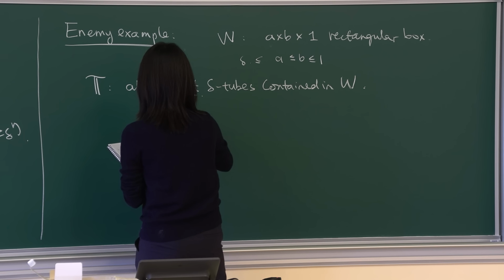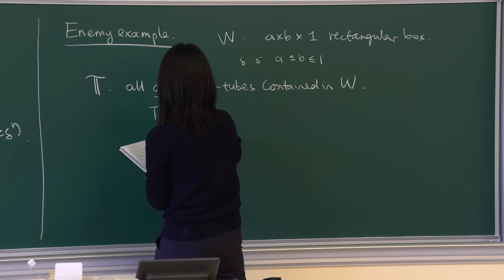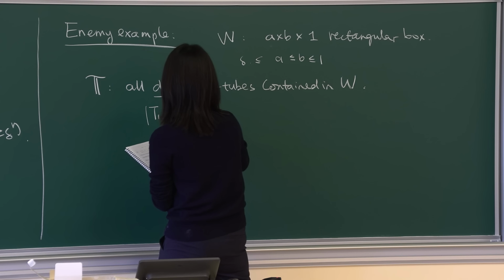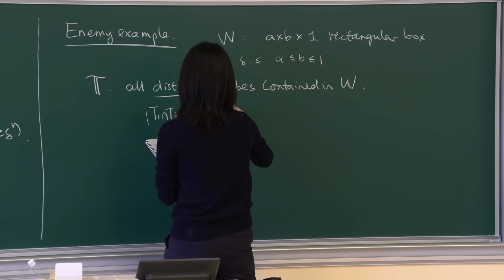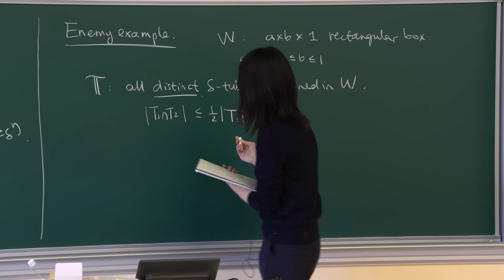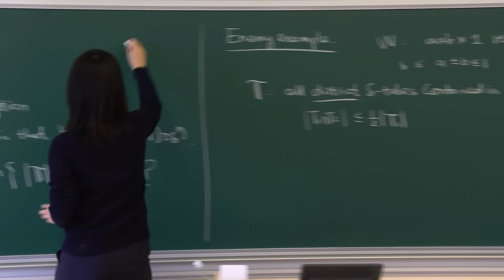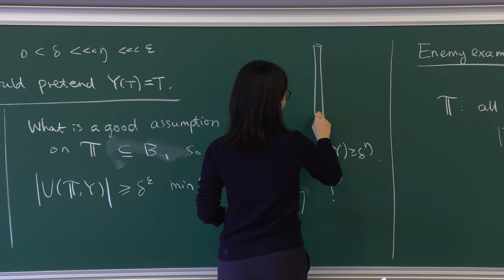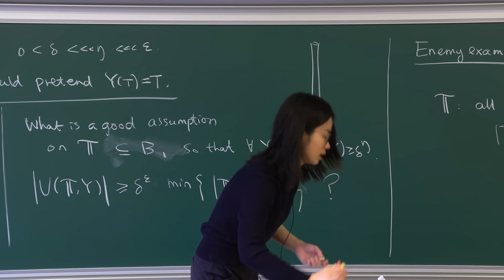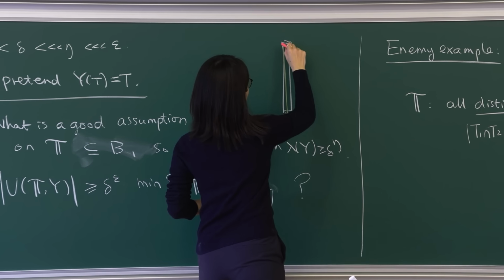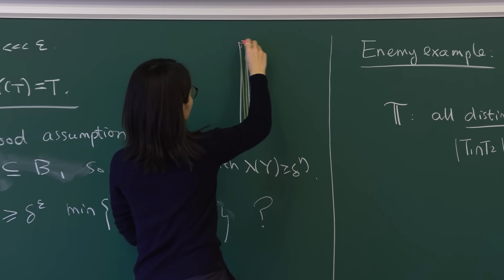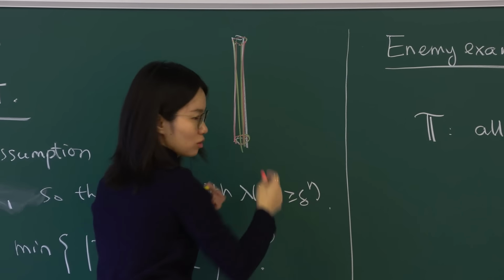Distinct means that for T1 and T2, their intersection has volume less than half of one tube. We need the assumption to be distinct, because otherwise we can keep repeating the same tube at the same place, so it doesn't really make sense to talk about this volume bound.